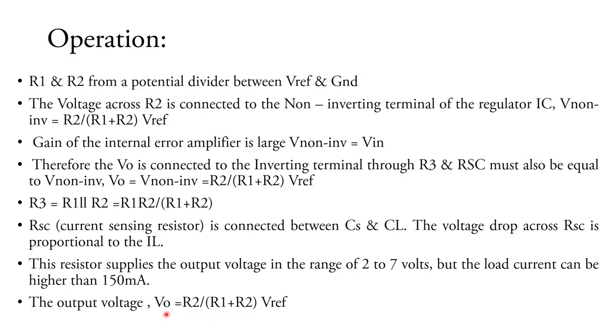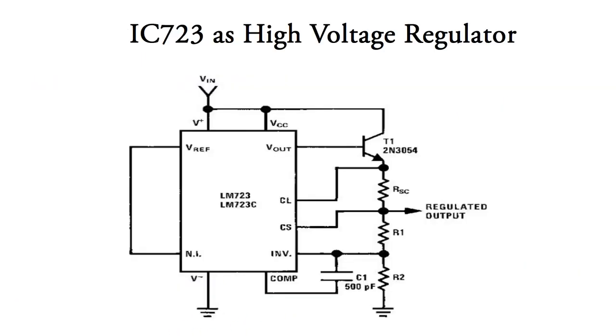Understood? If you need 5 volt, V0 is 5 volt. V reference, as you know, is 7.15 volt. R2 is the unknown value, R1 is the known value, 10K. So by fixing this, we can get the required value of V0, 5 volt, using the user-chosen resistors R1 and R2.